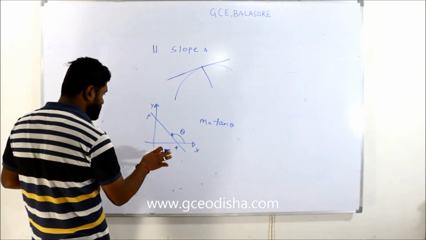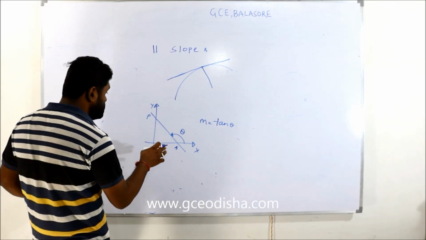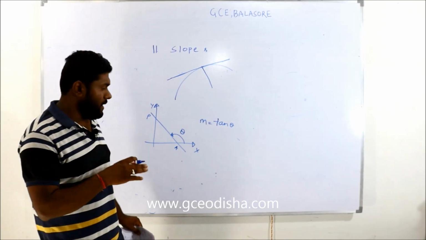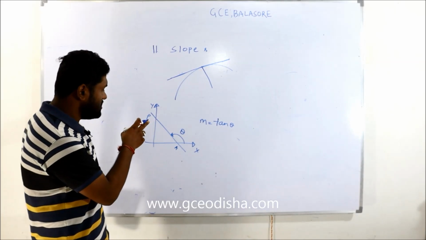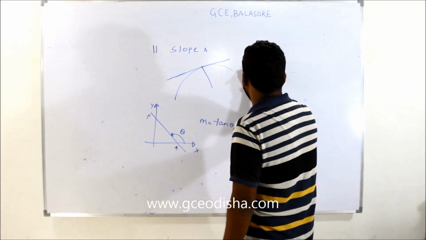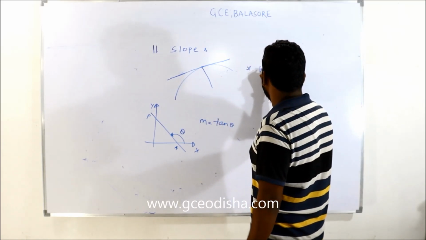The angle the line makes above the x axis with the positive direction of x is generally termed as slope.